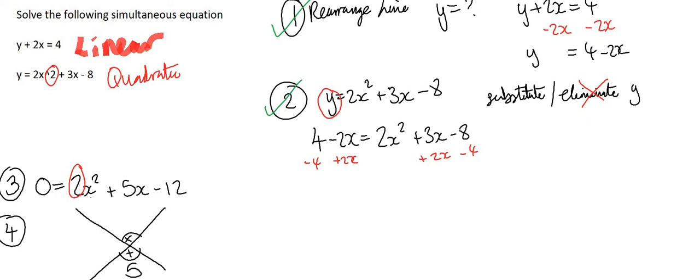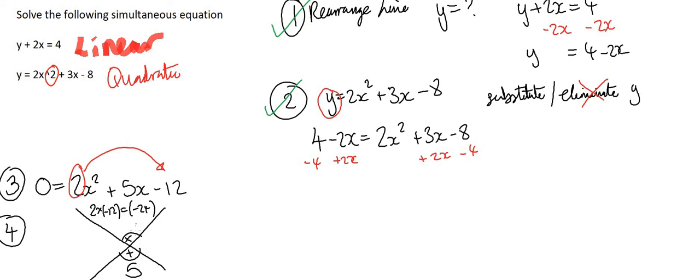The product is, because this is not 1, 2 times minus 12, which is minus 24. So now I need 2 numbers that multiply to minus 24 and add up to 5.